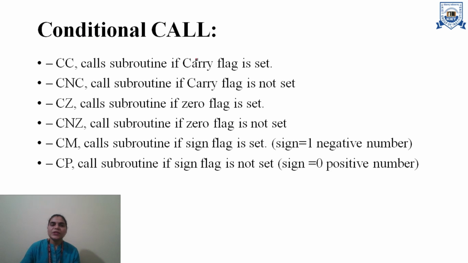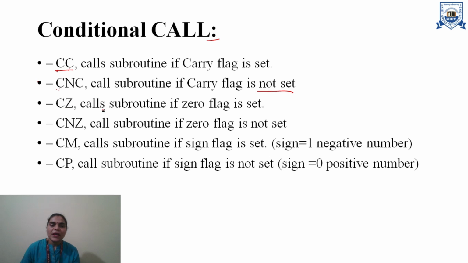So conditional calls are based on the value of different flags. Conditional call instructions can be CC, call if carry: call the subroutine if carry flag is set. CNC, call if not carry: call the subroutine if carry is not set.